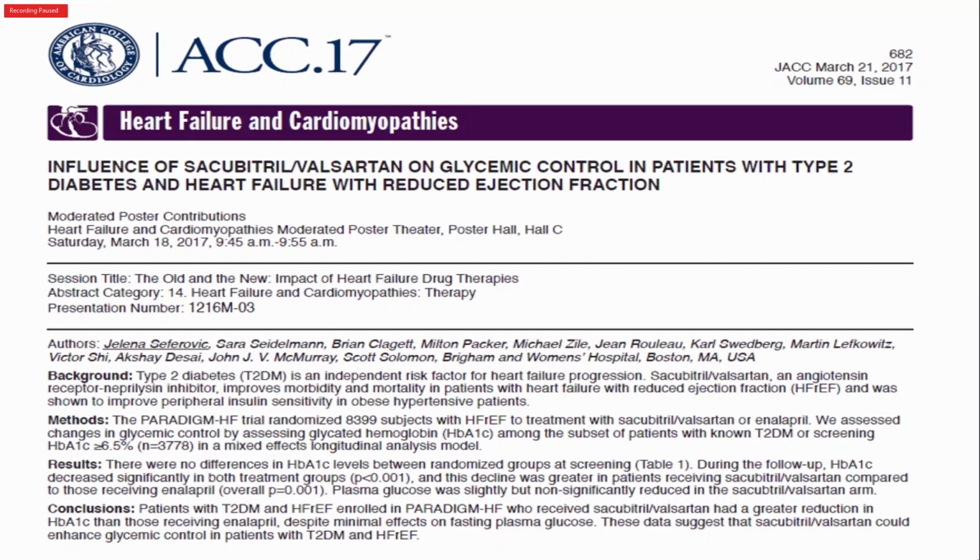So it suggests that not only does this drug improve cardiac function, it also improves glycemic control, which gives it an added benefit. So you're adding an antihypertensive that does not reduce glycemic control. We do know that many antihypertensives have a negative effect in terms of poorer glycemic effects on patients. Next slide.